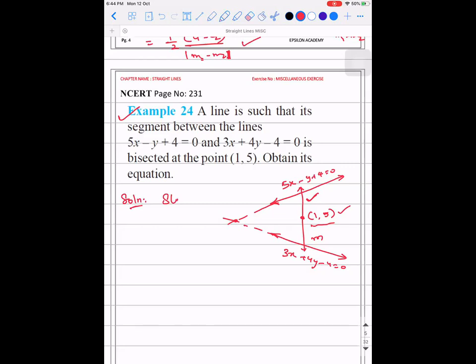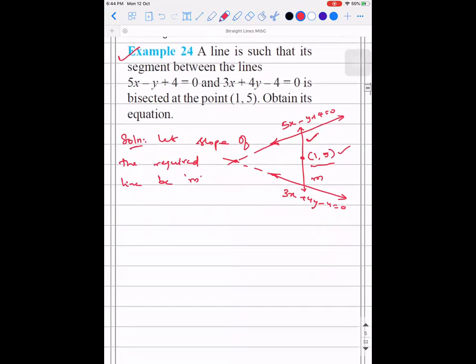Let the slope of the required line be m. So when it is m, then y - y1 = m(x - x1). Accepted. So y - 5 = mx - m, which implies mx - y - m + 5 = 0.